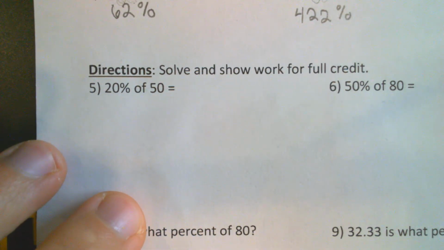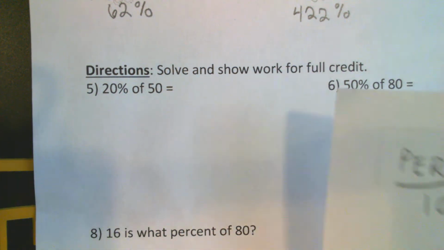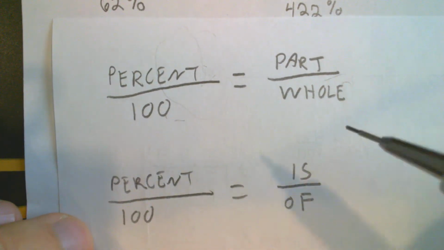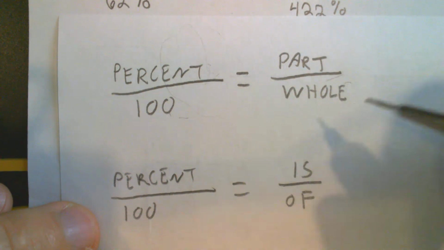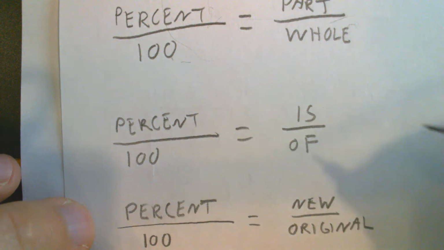20% of 50. Okay, so before we do this, we have 3 options, 3 different ways to think about proportions. We have percent over 100 equals part over whole. Percent over 100 equals is over of.